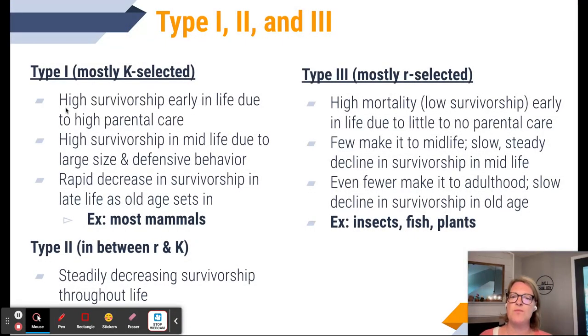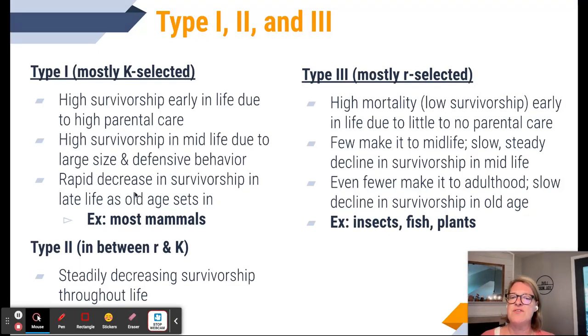To describe these in more detail, type 1 organisms are mostly K-selected species. There's high survivorship early in life due to a lot of parental care. There's high survivorship in midlife because they generally have a larger body size, and they also have some type of defensive behavior that they've adapted to or evolved with.